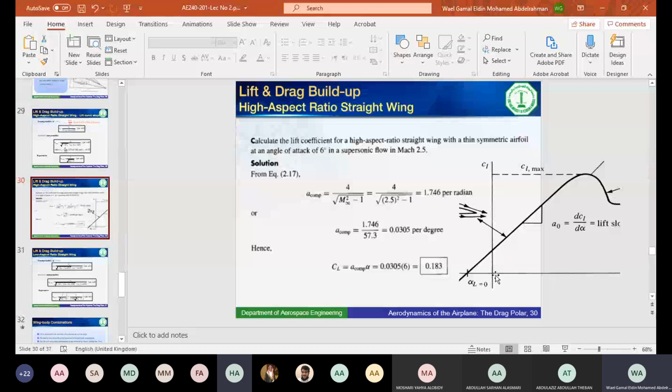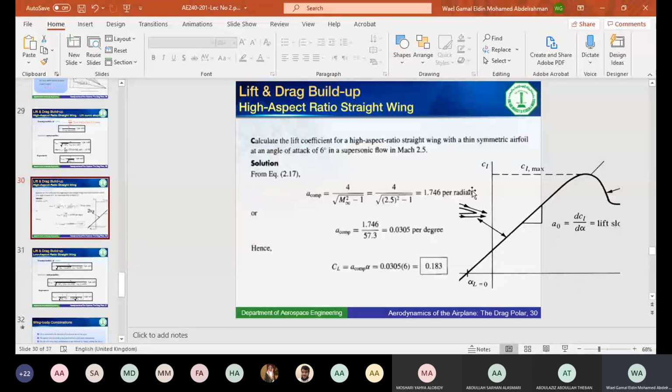It means if the angle of attack increases 1 radian, CL will increase by 1.74. It doesn't have a unit, of course. CL doesn't have a unit. We don't quite grasp the physical meaning of radian. Let's go by degrees.